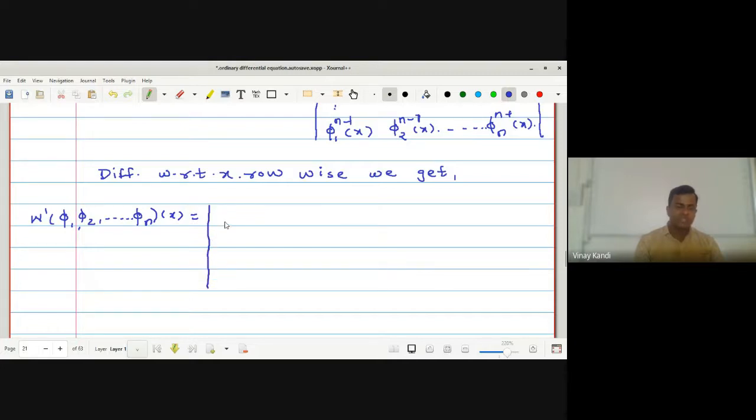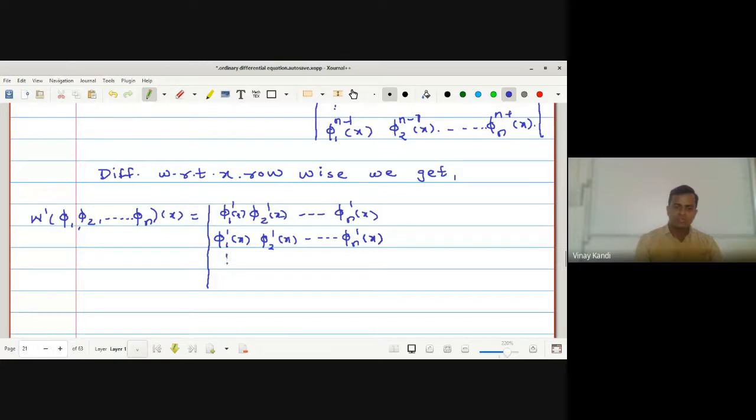the first row differentiated, phi 1 dash, phi 2 dash up to phi n dash at point x, and the second row as it is, phi 1 dash of x, phi 2 dash of x up to phi n dash of x.